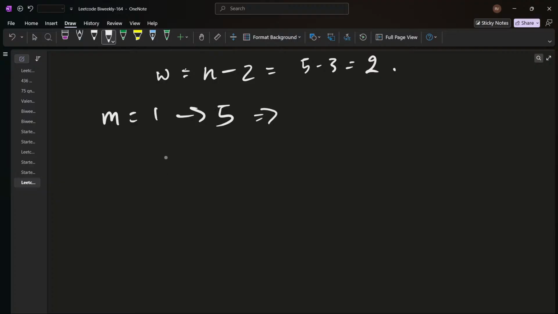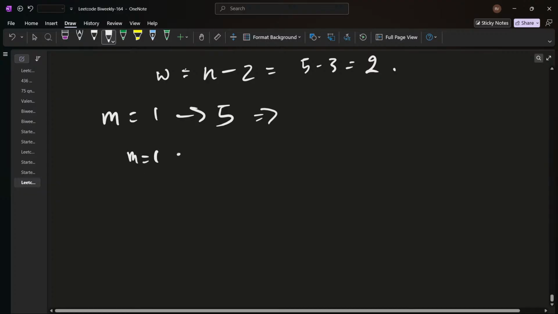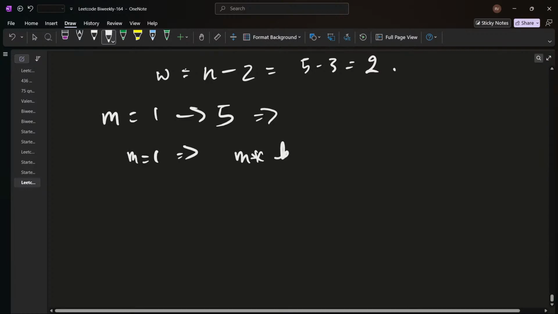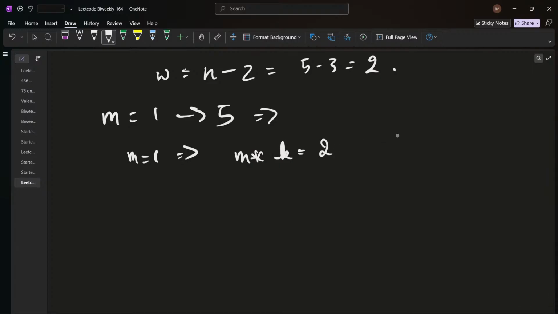What will happen? At m is equal to 1, m into k is equal to 2, but we need a minimum of 3 flips.